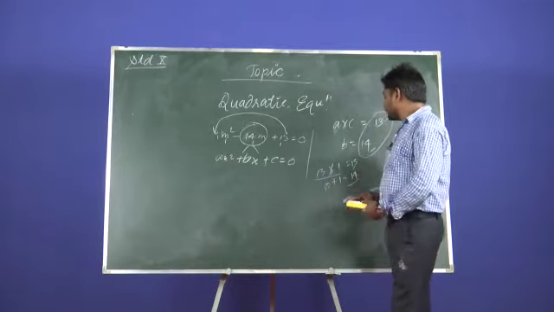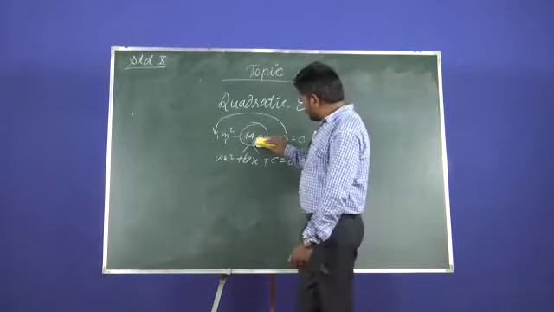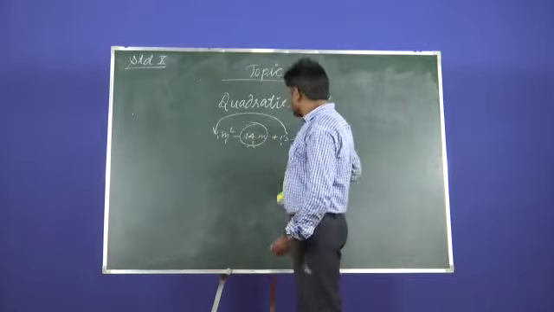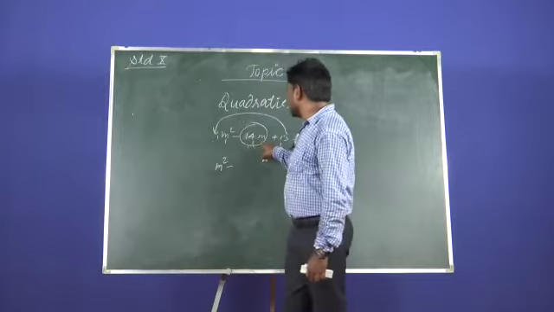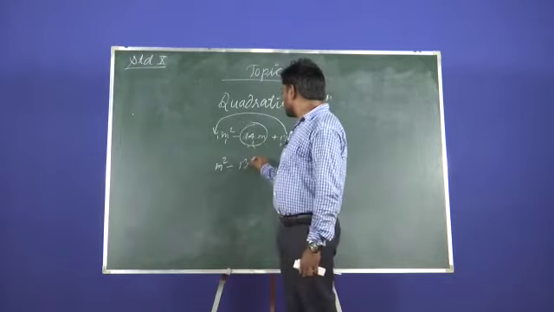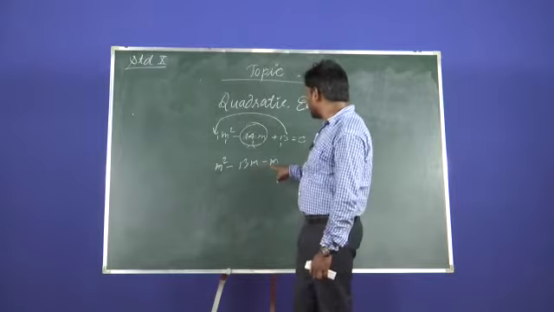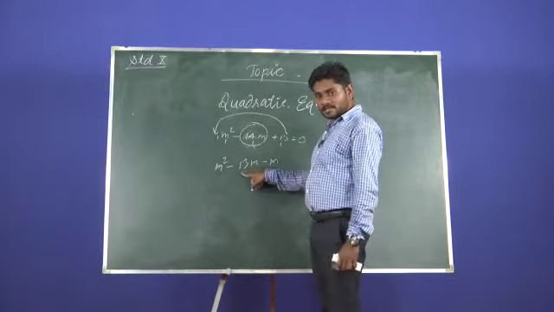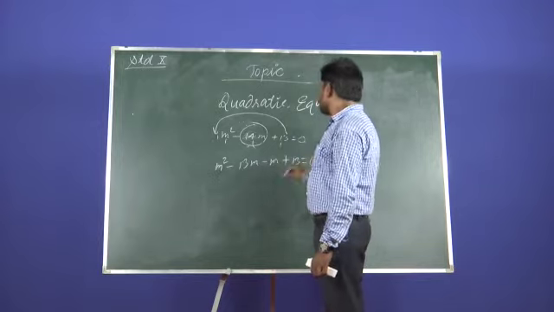Okay, so we have two numbers, 13 and 1. Now split the middle term into two parts. So m square minus 14m becomes minus 13m and minus m, because minus 13m minus m is minus 14m, plus 13 equals 0.